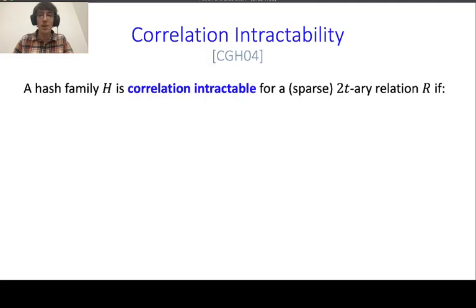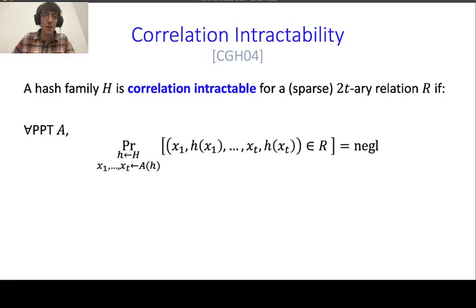So formally, given a 2T-ary relation R, so a relation R on T inputs and T outputs, we say that a hash family H is correlation intractable for R if for every efficiently computable adversary, the adversary only has a negligible chance of, given a hash function H, finding T inputs x1 through xt, such that these T inputs, along with their corresponding T hash outputs, satisfy R.